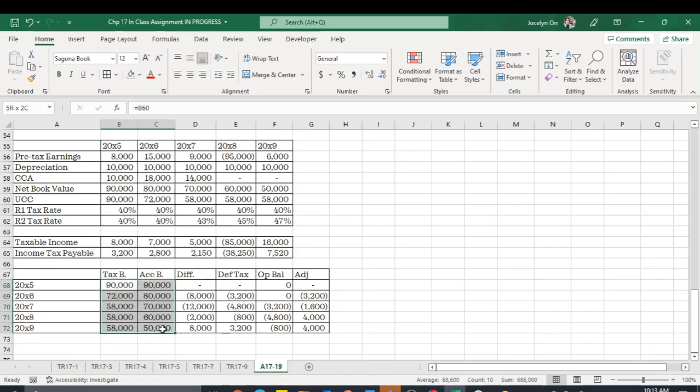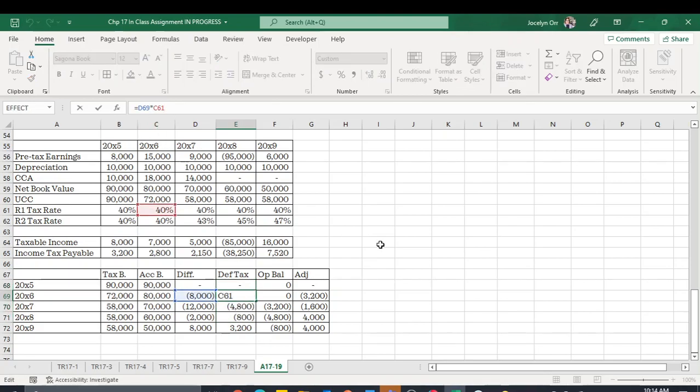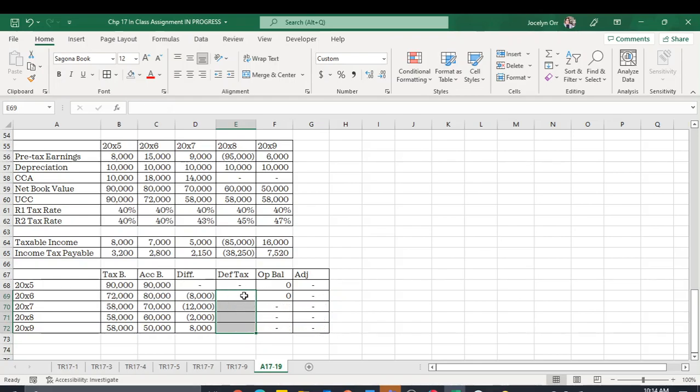When it comes to our asset, all of this is going to remain the same. It's not until our deferred tax column that we have a calculation involving our tax rate. So this is what we are going to change, and that's going to net out the rest of my table.